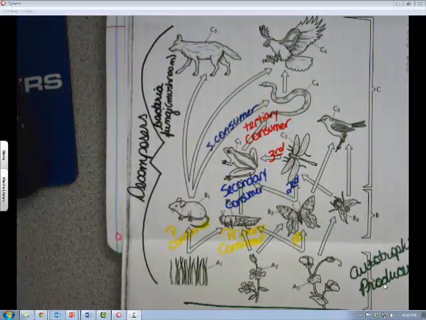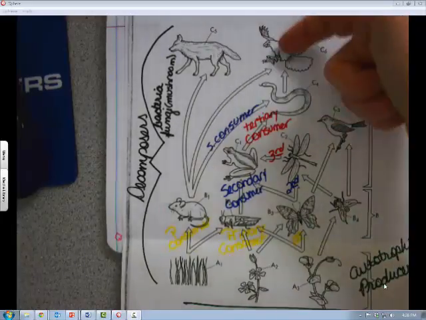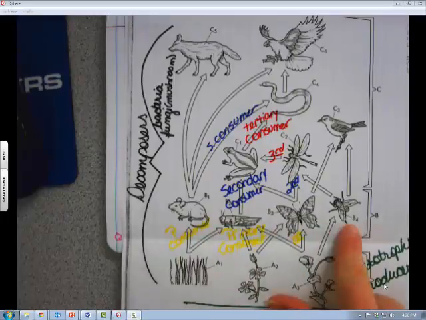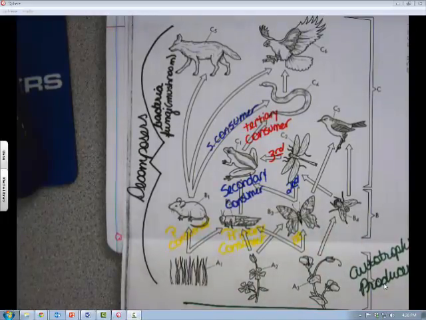It also shows competition. We can see competition between the organisms at the top, and between organisms at the bottom. So this shows us all the interrelated connections between organisms. We can also use a food web to analyze how a change might affect a population.